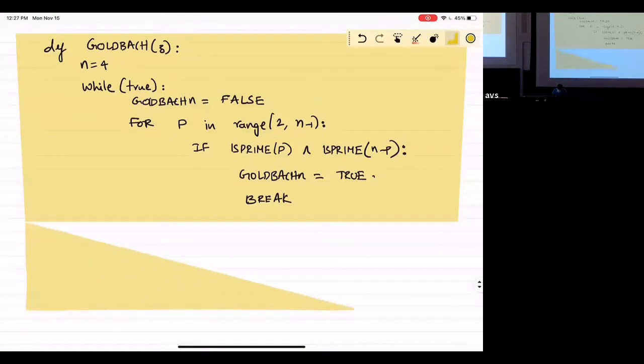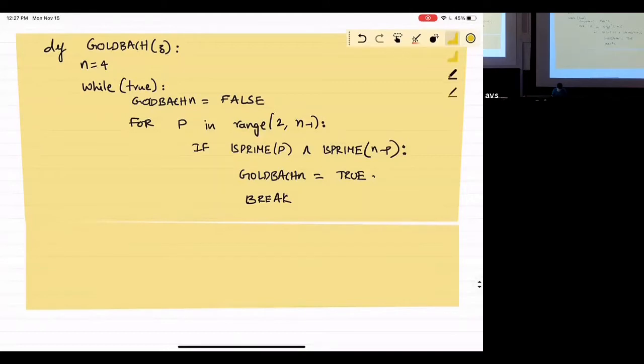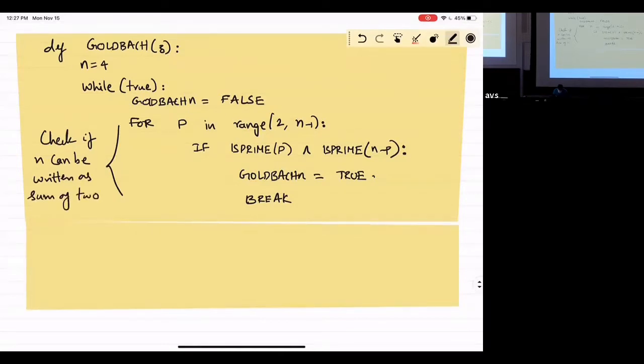If you succeeded for this n, I'm going to write n equals n plus 2.